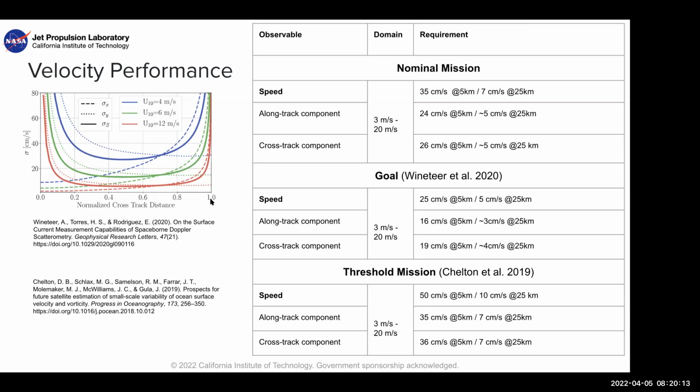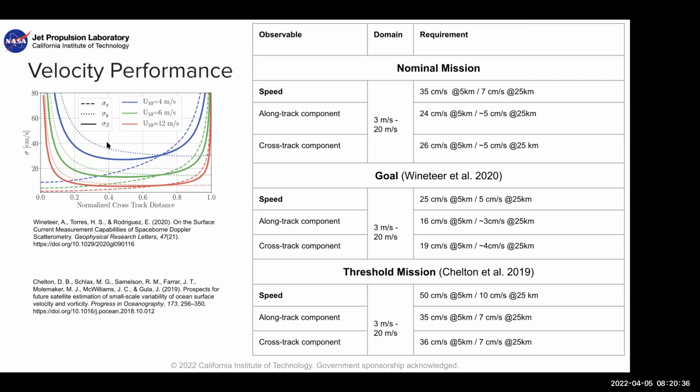Far swath is 1. So this basically replicates on the other side of the swath as well. So that has very good precision there and poor precision in the far swath, whereas the cross-track component, because of the measurement geometry, has poor precision in the near swath and much better precision in the far swath.